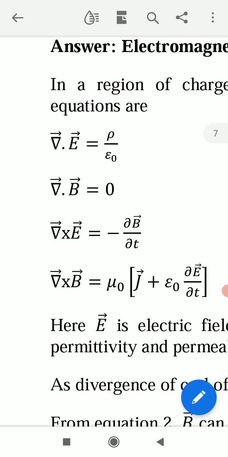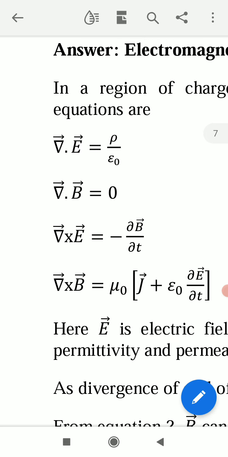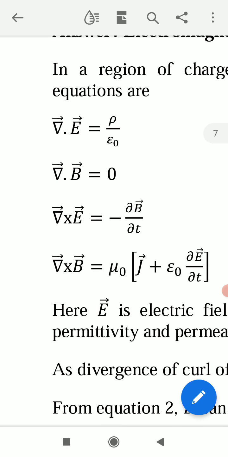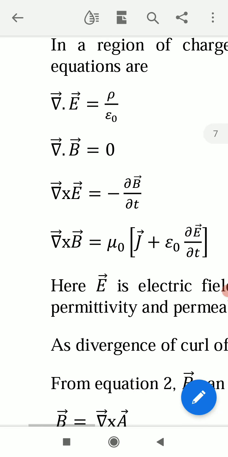First equation is del dot E equal to rho upon epsilon 0. Second is del dot B equal to 0.